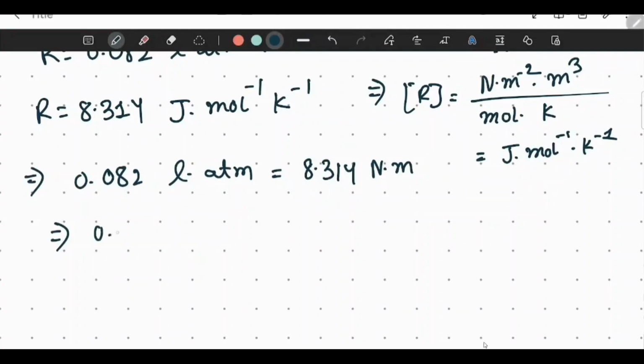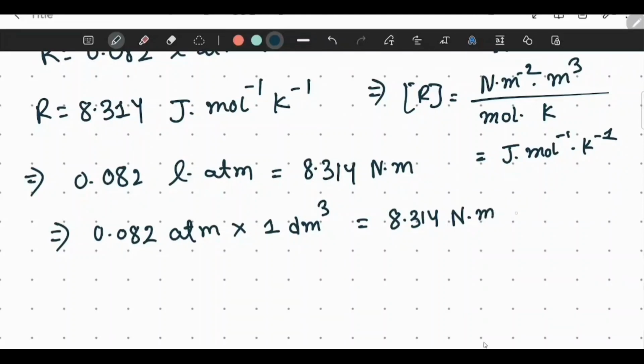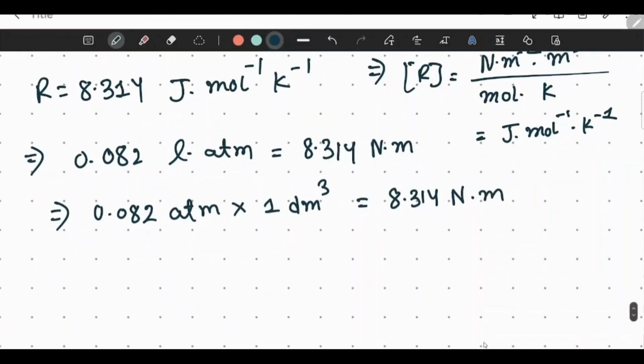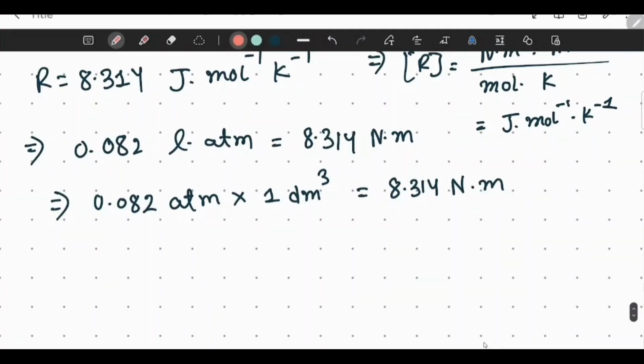So we can write 0.082 atm into 1 liter, and 1 liter is decimeter cube. This is 8.314 Newton meter. So now 1 decimeter cube. So 1 decimeter equals 10 to the power minus 1 meter.